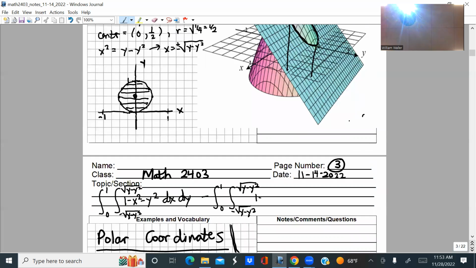So here we just have 1 minus y, and then again dx dy. Now, since those integrals have the same order of integration and the same limits of integration, I can combine those double integrals into just a single double integral with the same limits of integration.